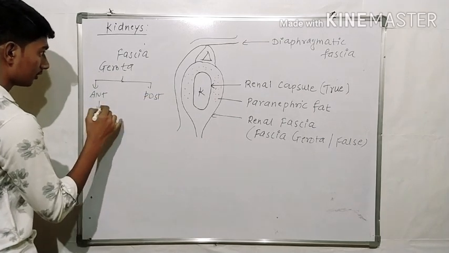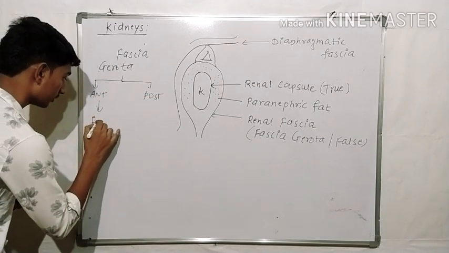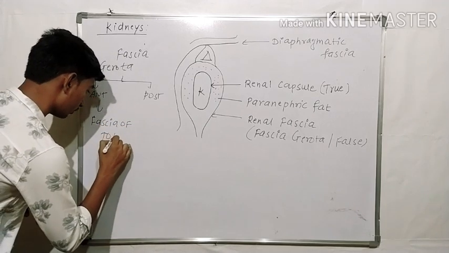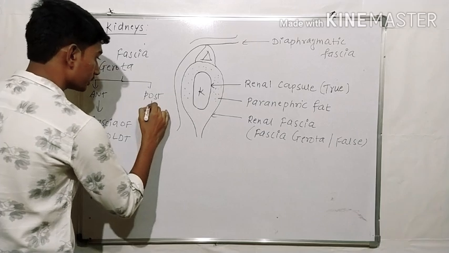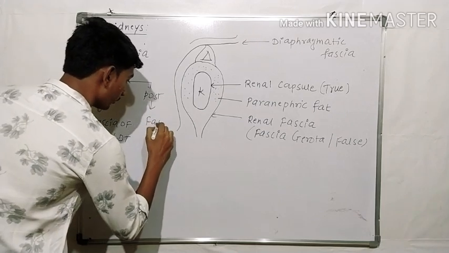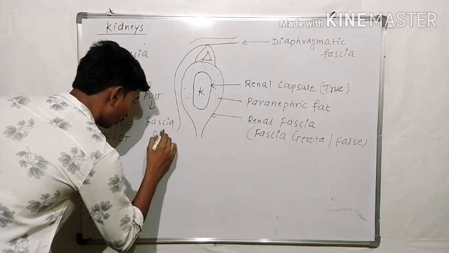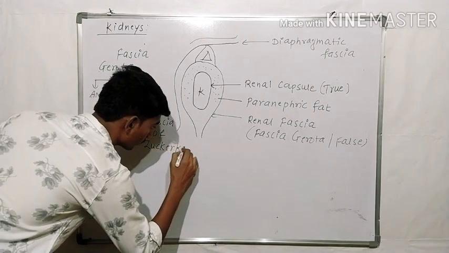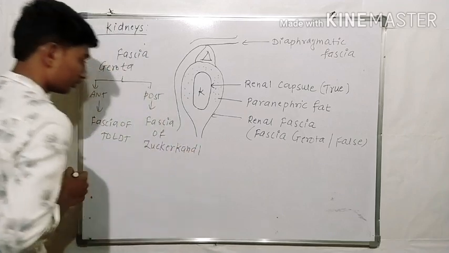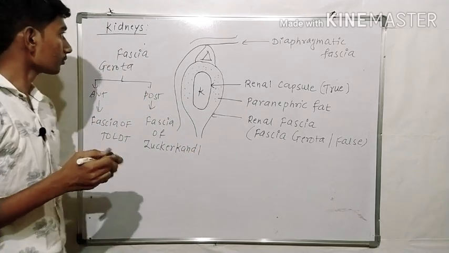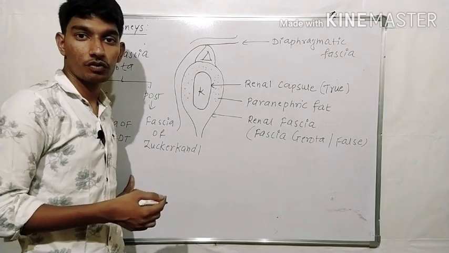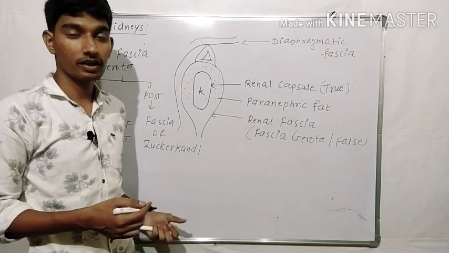The anterior layer of fascia gerota is known as the fascia of Toldt, and the posterior layer is known as the fascia of Zuckerkandl.